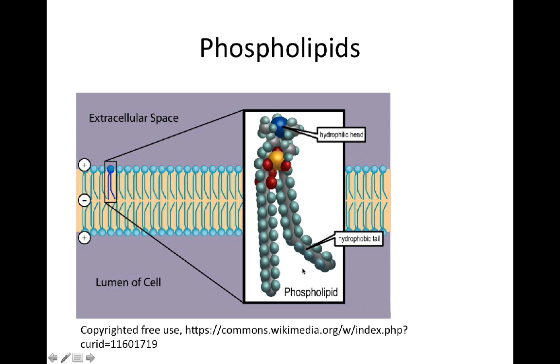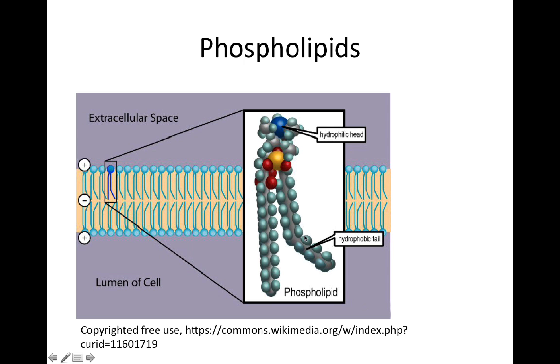Hydrophobic tails means that it's water-fearing, or it doesn't dissolve in water, so that's going to be nonpolar substances that make it up. The hydrophilic head is attracted to water, so it dissolves in water, and so the head out here will interact with aqueous solutions.